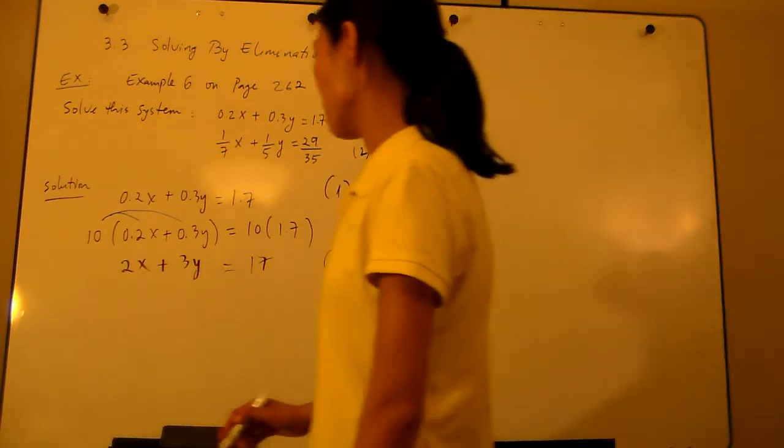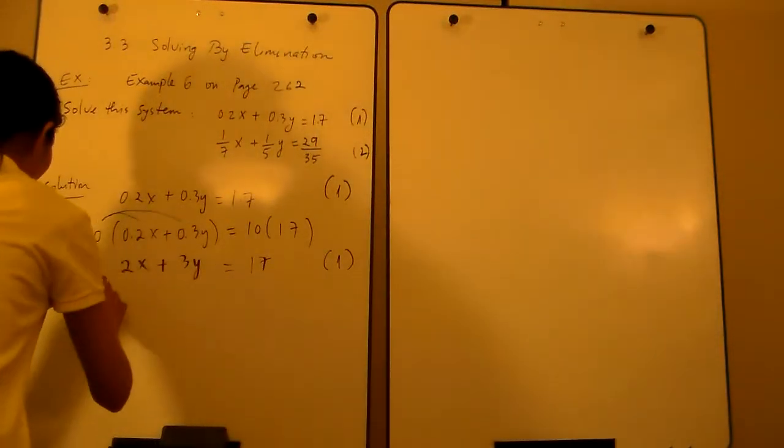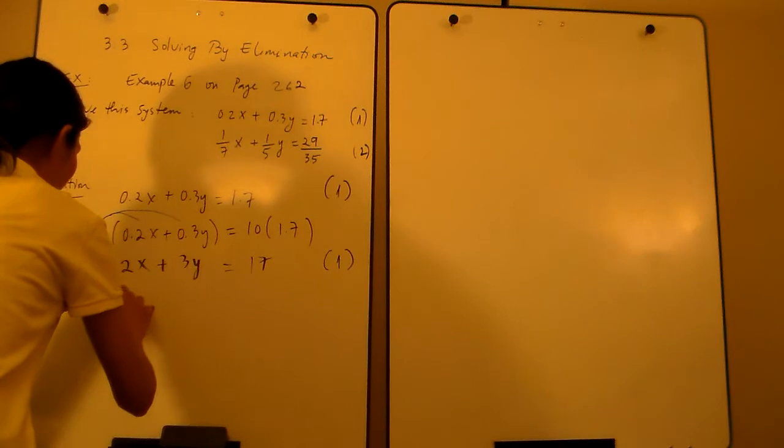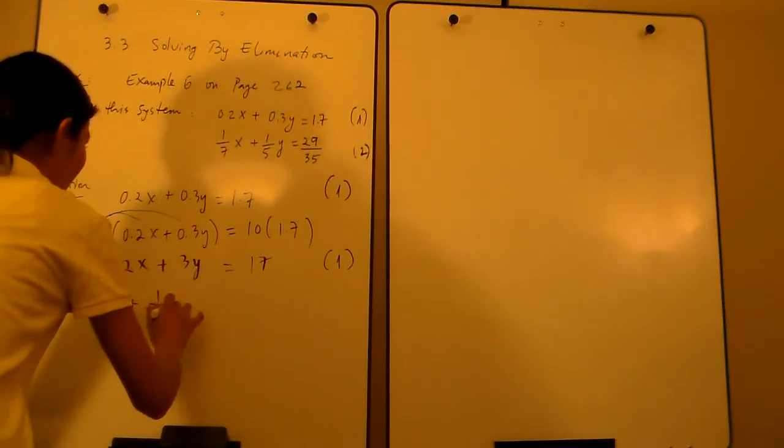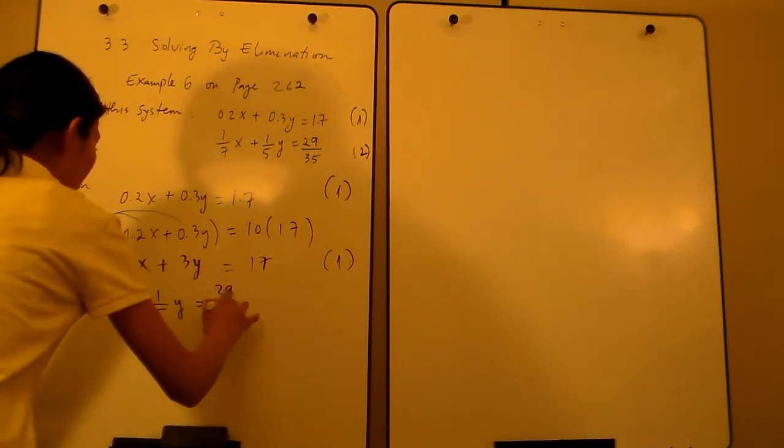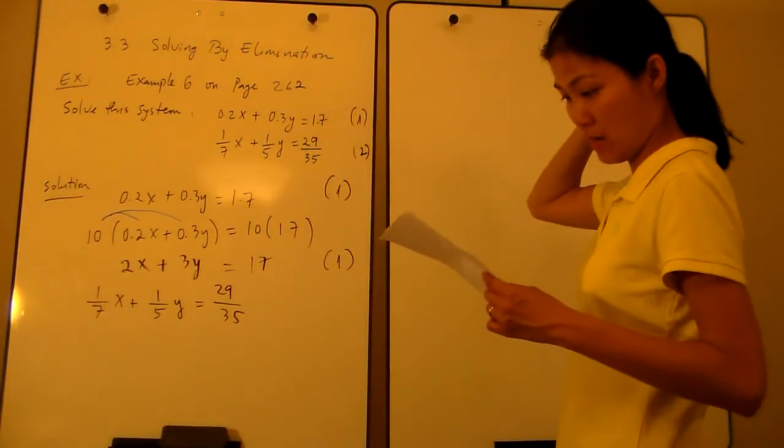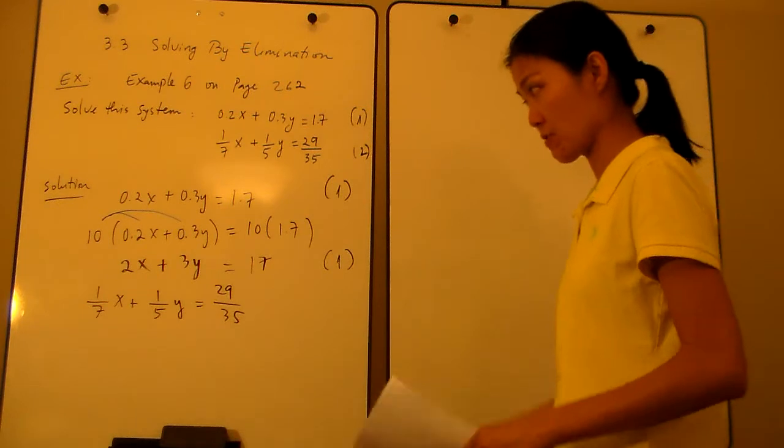Now let's start with equation 2: 1 over 7x plus 1 over 5y equals 29 over 35. We need to eliminate or clear out the fractions.